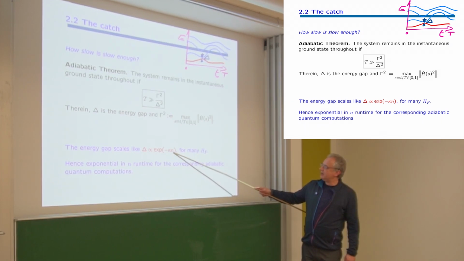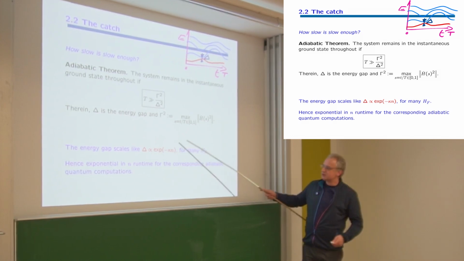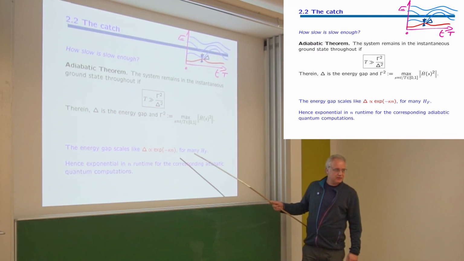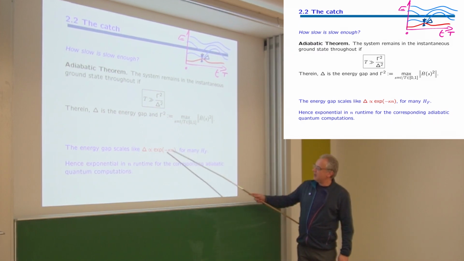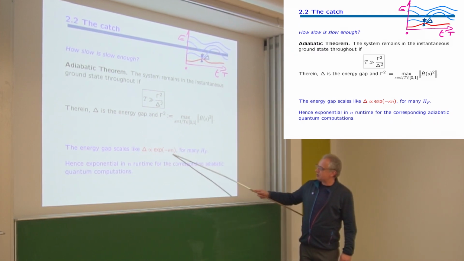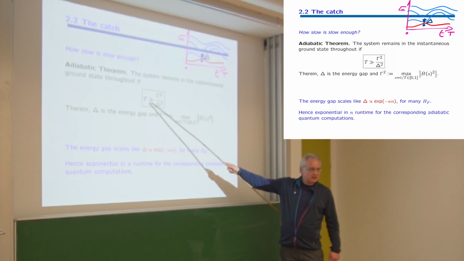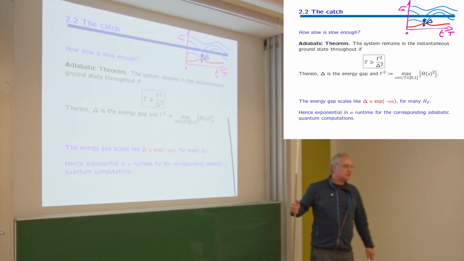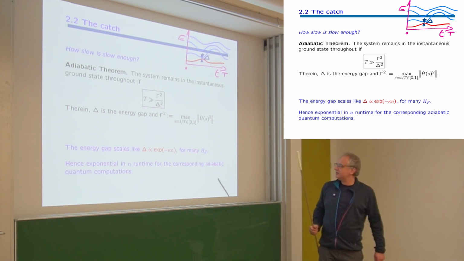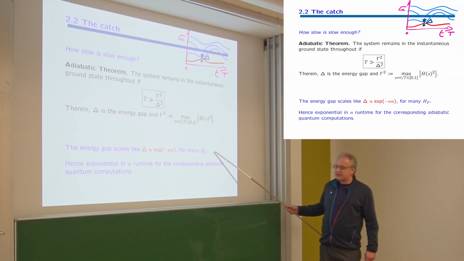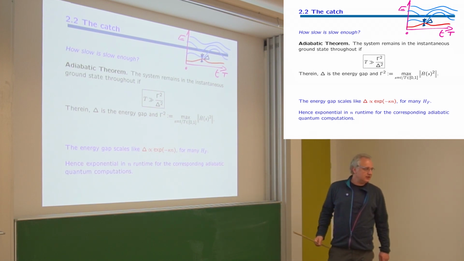So n here is the length of our bit string, the bit string whose solution we want to read off. And if this gap is exponentially small in that, the runtime becomes exponentially large in that. And so here goes your quantum advantage. That is the Achilles heel of this computational scheme.